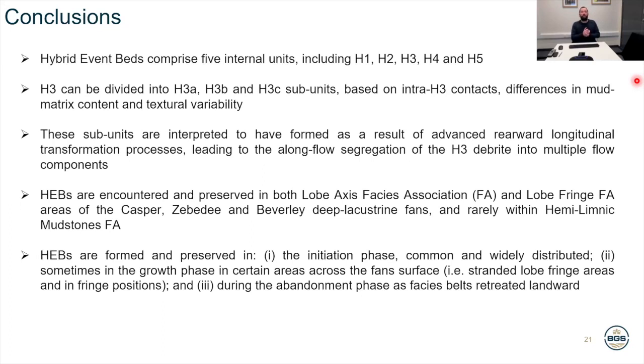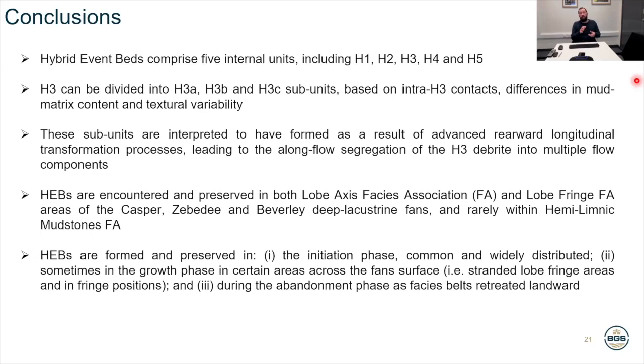These subunits are interpreted to have formed as a result of advanced, earlier, rearward longitudinal transformation processes, leading to a long flow segregation of H3 debrites into multiple flow components. That's the idea I'm going with. I'd love to talk to anyone who has any ideas further on that.